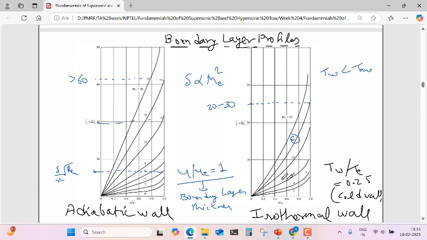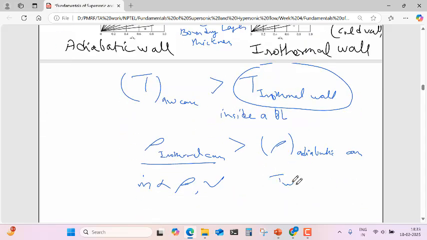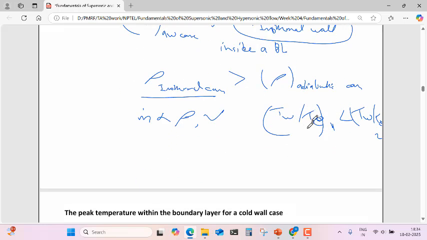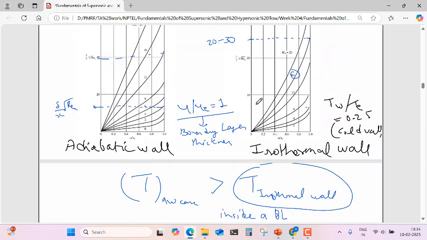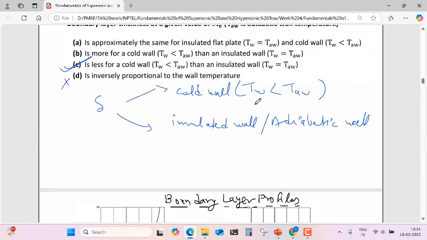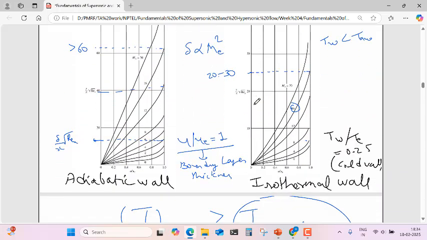If for the same Mach number, we cool down the wall more for some case, then the boundary layer also will become thinner. This is the reason.